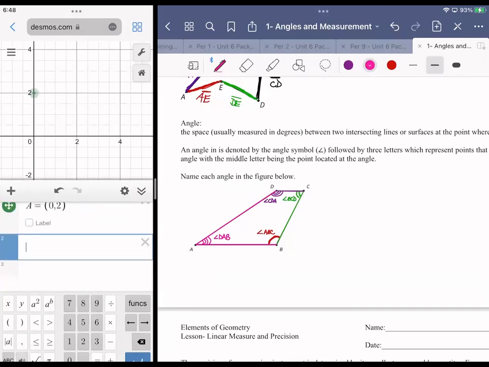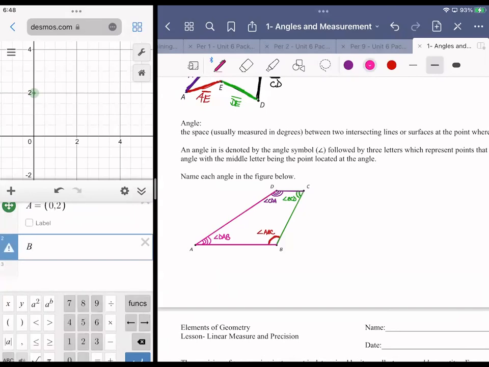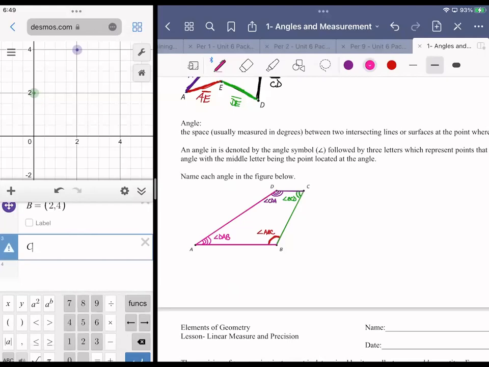Then I can plot one, let's say at 2, 4, call that point B. And then maybe one more, point C. We typically use capital letters to represent points, it says it in the notes. So C, I'll say it's like 2, 0.